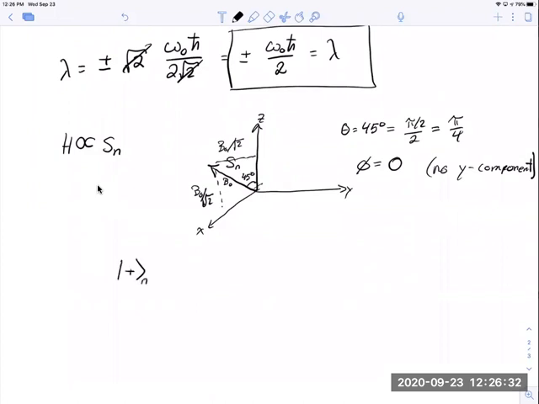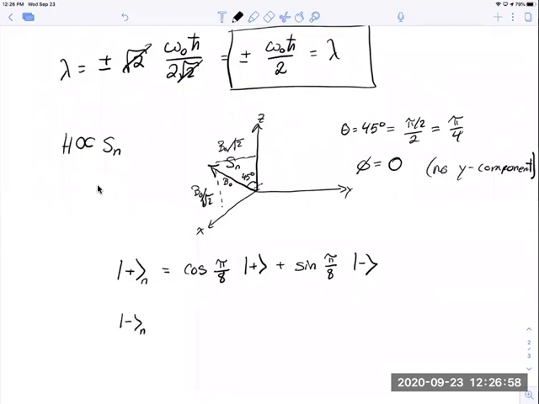So this is spin up in the n hat direction. This is going to be the cosine of theta over 2. So that's pi over 4 over 2, which is pi over 8. Spin up in the z direction, plus the sine of pi over 8, spin down. e to the i phi, but phi was 0, so that's just 1, so I can ignore that, which is fantastic.